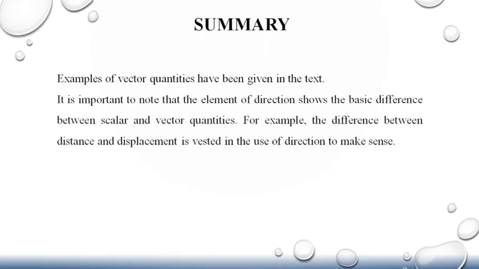It is important for you to know that the element of direction shows the basic difference between scalar and vector quantities. For example, the difference between distance and displacement is vested in the use of direction to make sense.